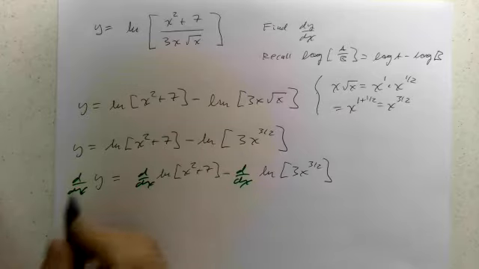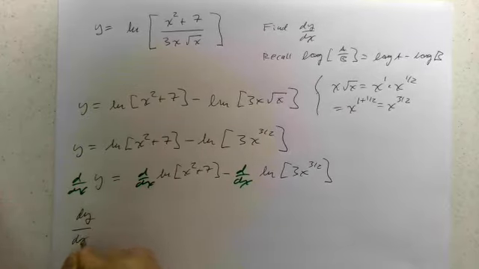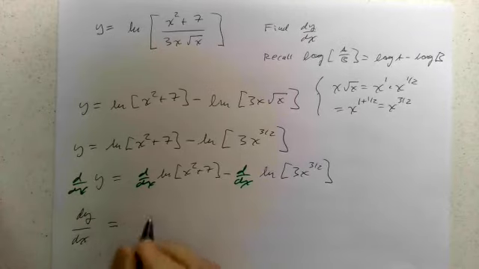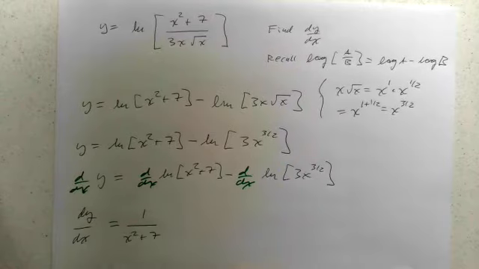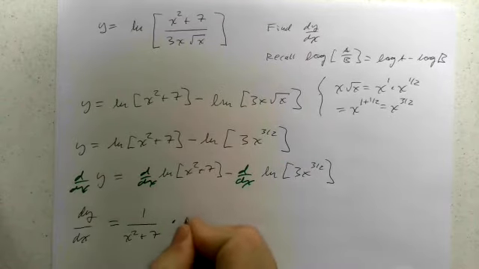So the derivative with respect to x of y is dy dx. The derivative with respect to x of the log of something is 1 over the something. So 1 over x squared plus 7 times the derivative with respect to x of that.